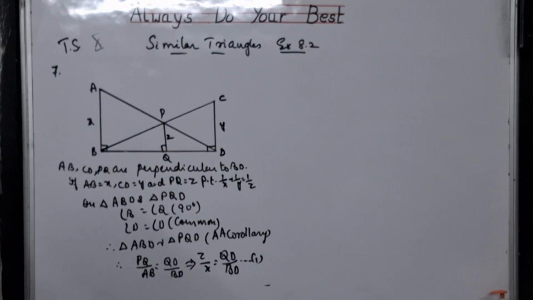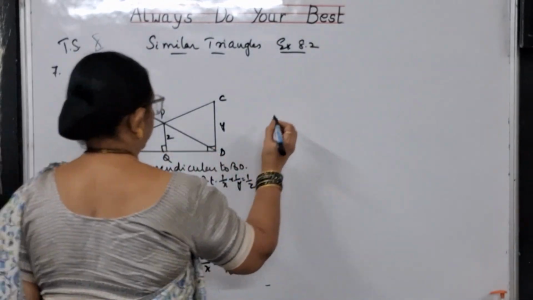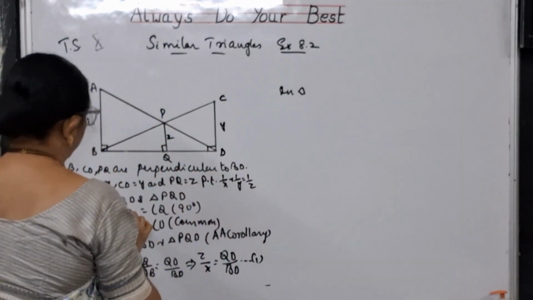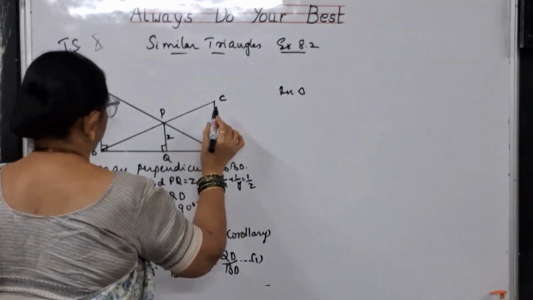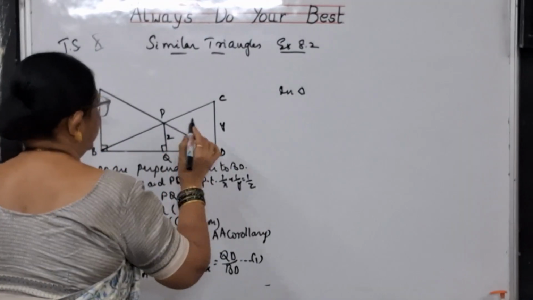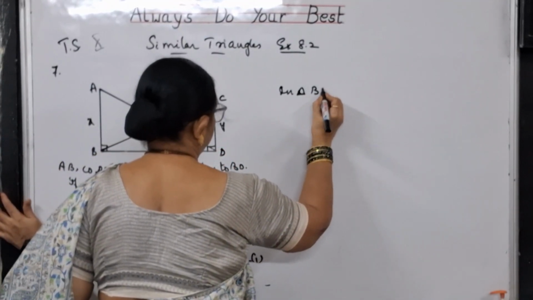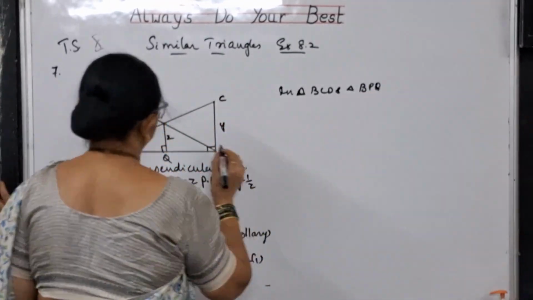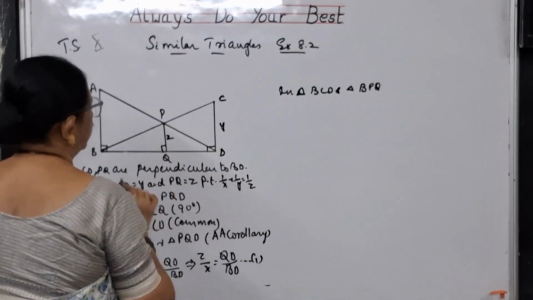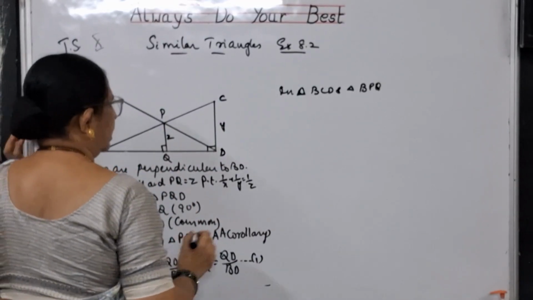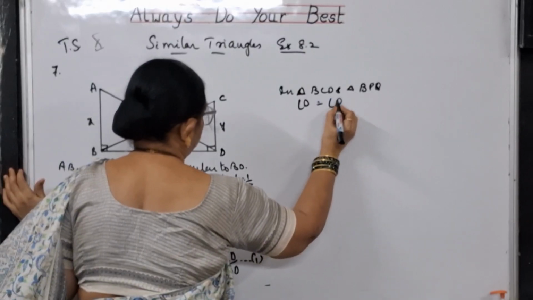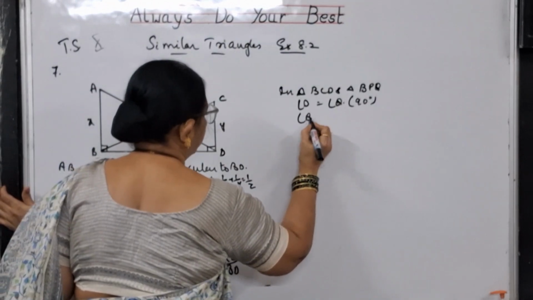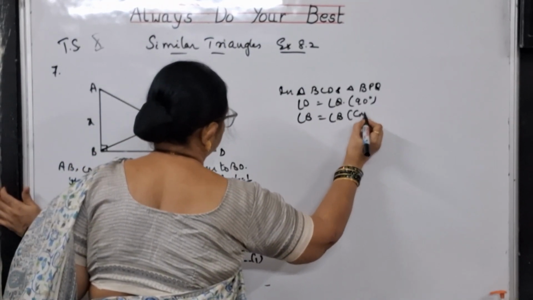Now we will see this triangle. I told about ABD, no? So now I am talking about triangle BCD and triangle BPQ. What can you say? Angle D is equal to angle Q, 90 degrees, and both of them have angle B as common.